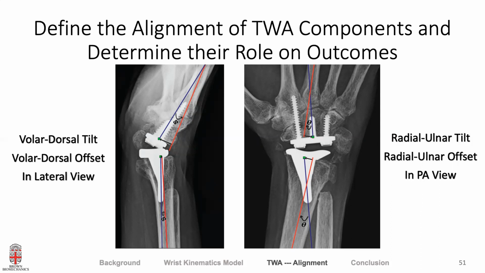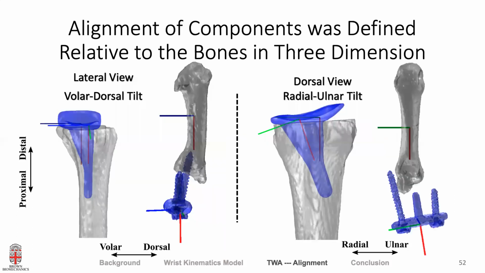And the blue lines are showing the alignment of the implant, and we measure them objectively based on the stem orientation or the peg of the carpal component. And similarly, the red lines are for the bones, and the angle between those is showing the orientation or the alignment of the implant.